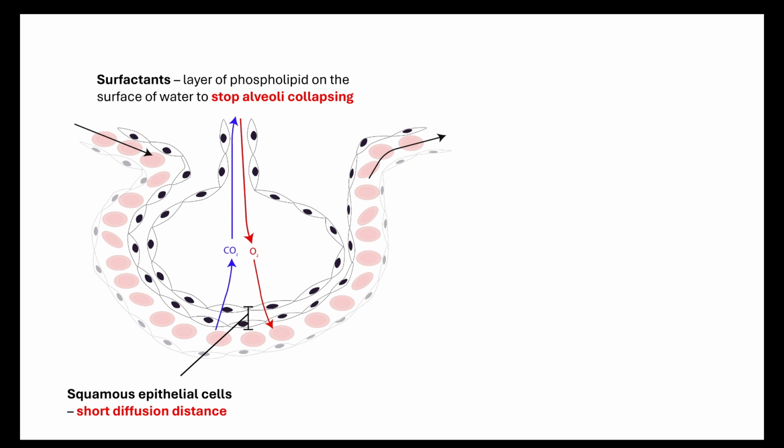We want to maximize the surface area that is exposed so we can maximize the diffusion that can occur. So we need our alveoli, these air sacs, to remain open.